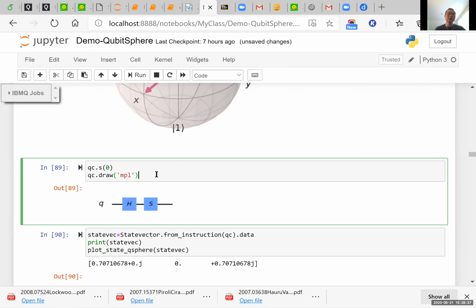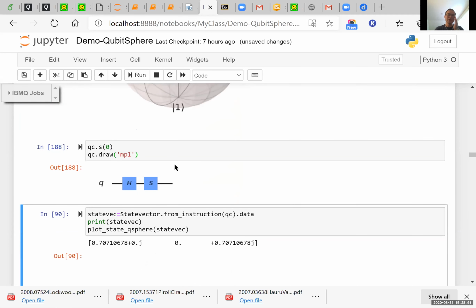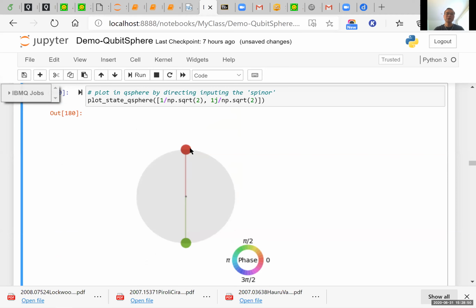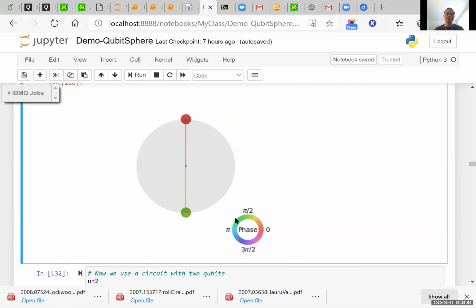Then I could also apply an S gate. Remember in the example earlier, if I have an S gate, it becomes an I state. So if I use the Qsphere, it's 0 and a superposition of 1, but the 1 has a phase factor you have to read out from here.